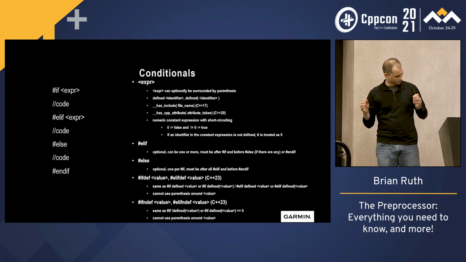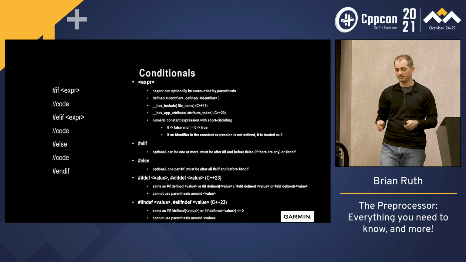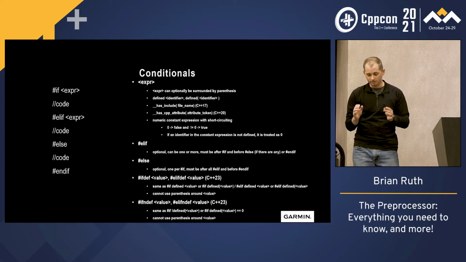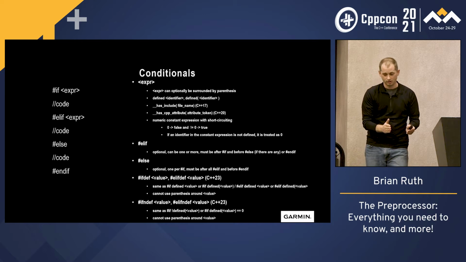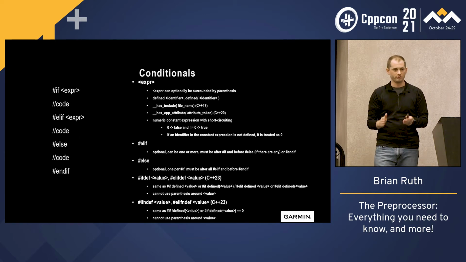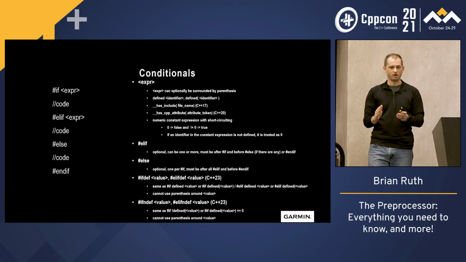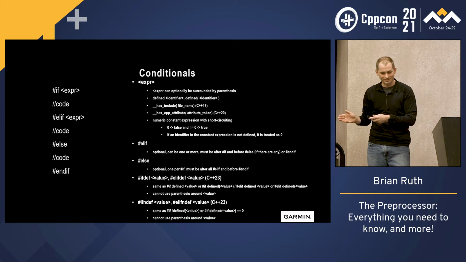And something to keep in mind that is a source of a lot of interesting bugs is that the result of this constant expression is actually numeric, not Boolean. So that means that a value of 0 is false, and a value of not 0, so either negative or positive, is true.